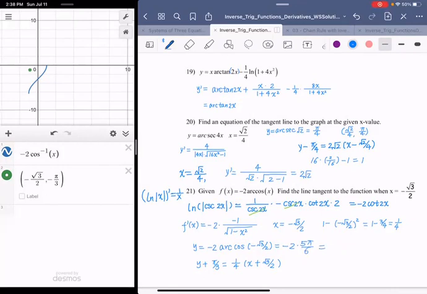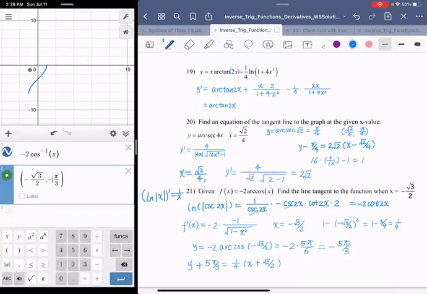So this becomes -5 pi over 3. That makes sense? And then we are going to change this to y minus -5 pi over 3, which is y plus 5 pi over 3. Does this make sense now? Yeah. Okay. Now yes, this point is on the line.